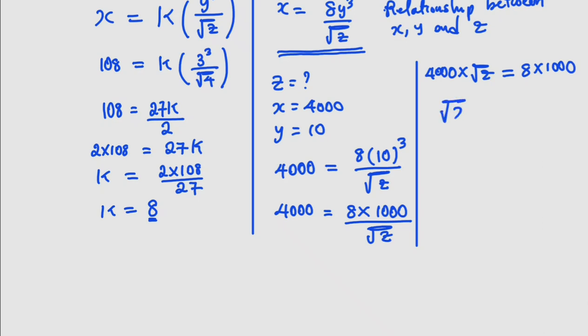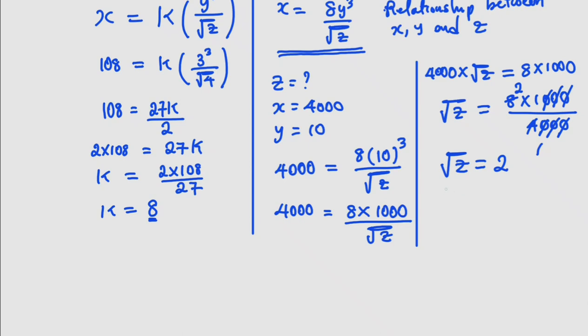Dividing both sides by 4,000, root of z equals 8 times 1,000 all over 4,000. You can see the zeros cancel, 4 into 8 is twice, which is 2. So we have the square root of z equals 2.